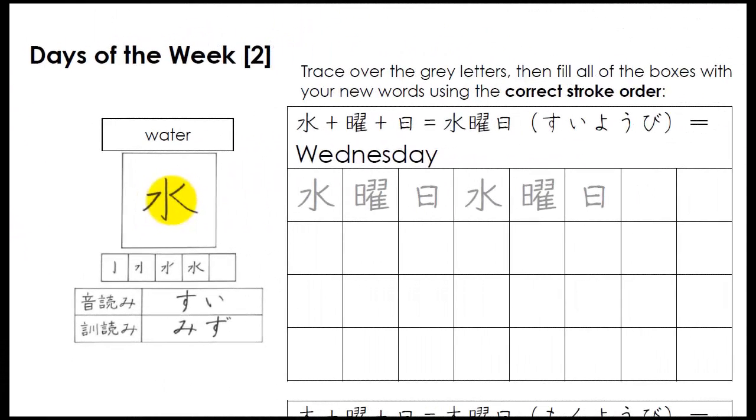Now when that character for water becomes part of a day of the week, it's pronounced sui, and you can see it over here, water plus the character meaning time flying by, plus the character for sun gives you sui-yō-bi. Sui-yō-bi, or Wednesday.